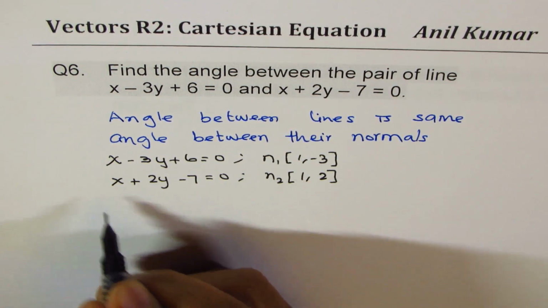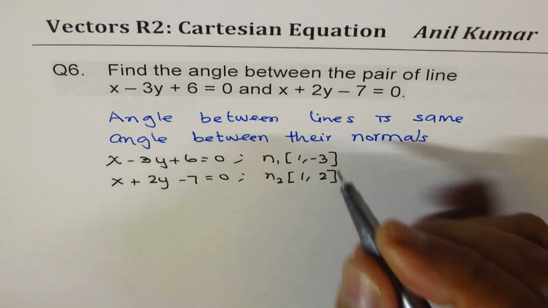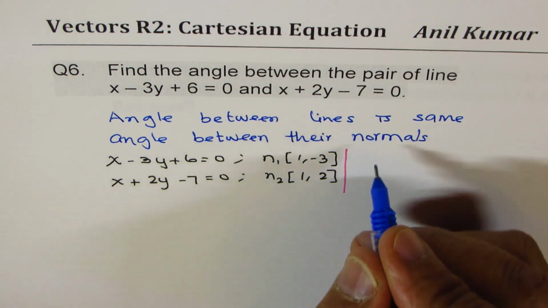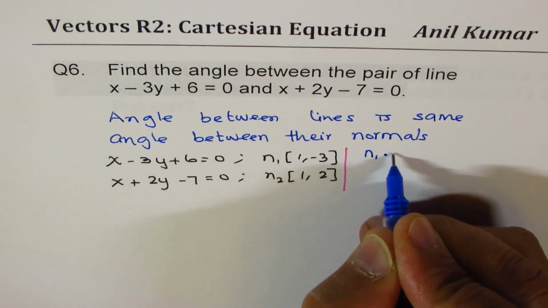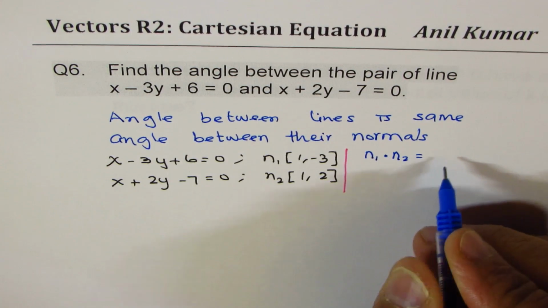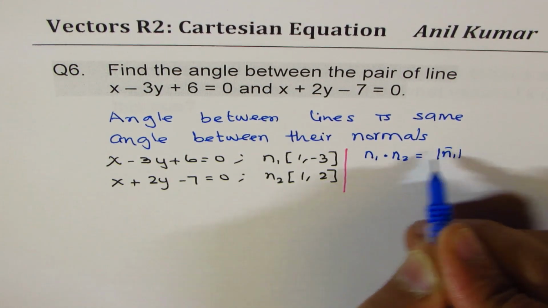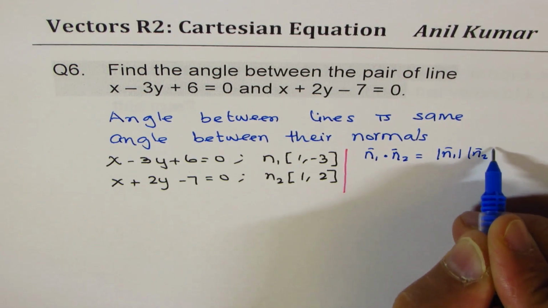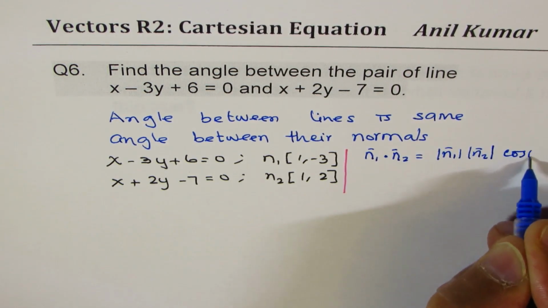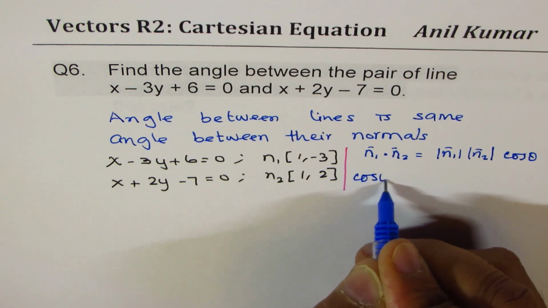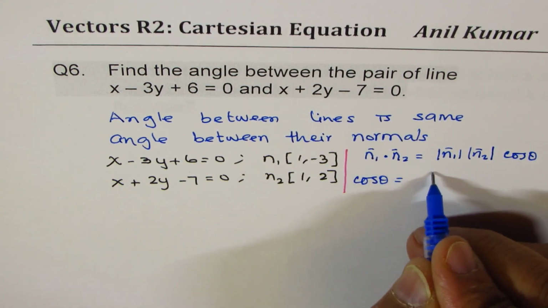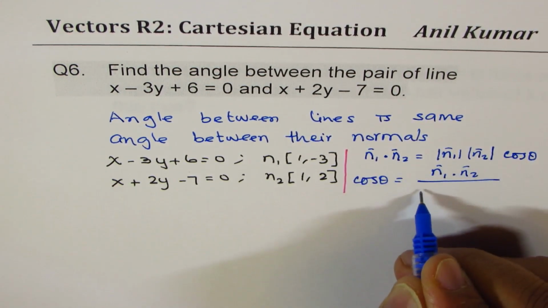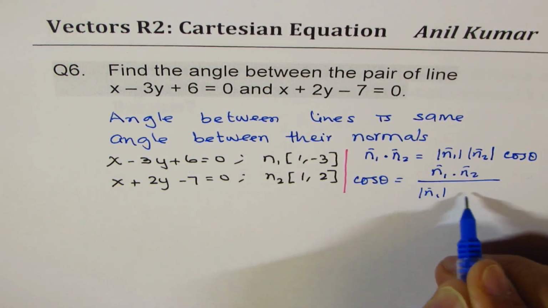Let me write down the basic equations on the right side and then we'll just use them. So n1 dot n2 equals the magnitude of n1, these are vectors, times the magnitude of n2 times cos theta, correct? So we can find cos theta as equal to n1 dot n2 divided by the product of the magnitudes of these normals, correct?